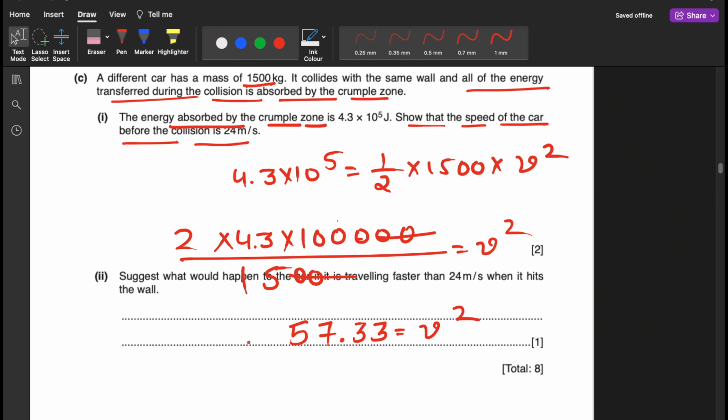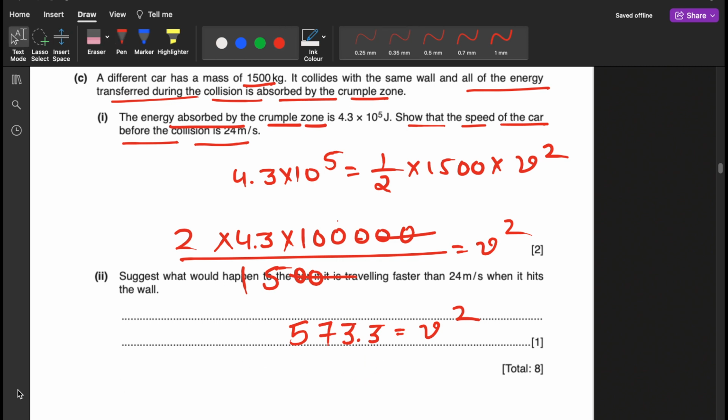I think it's some zero mistake. Wait a minute, let me do it once more. I'm getting the same again. I think you have to shift the decimal place here. So you should get something like 573.3333. Yes, that's what I got, sir.